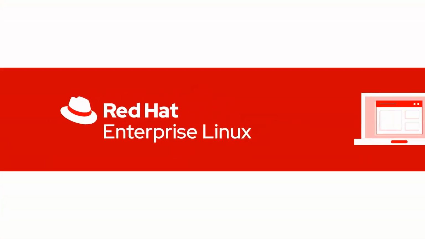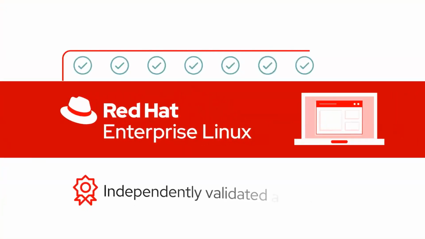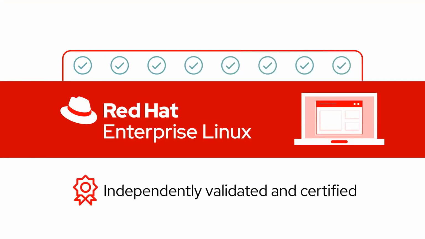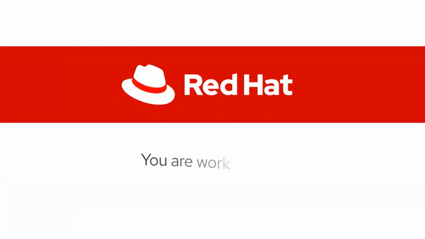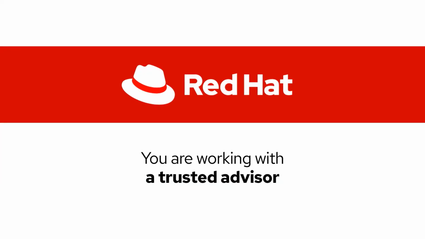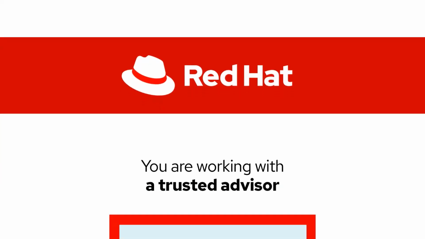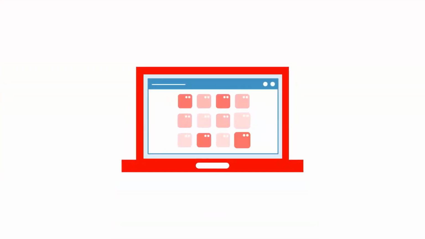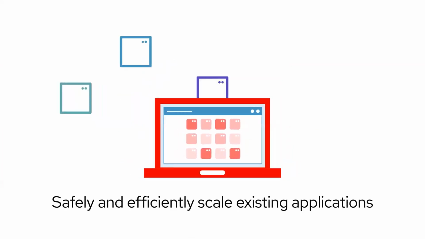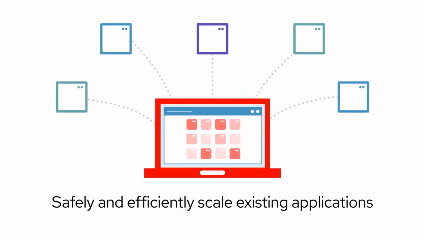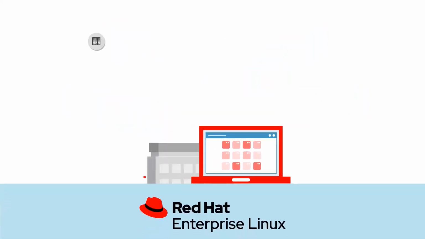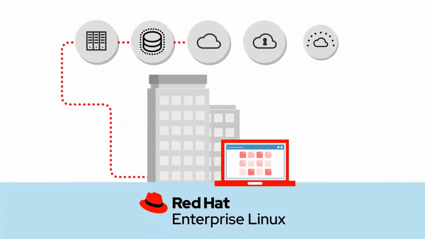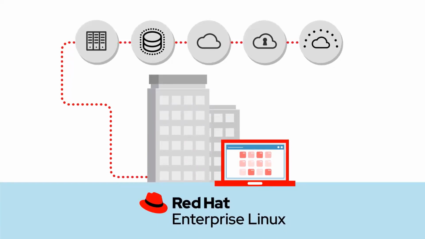Red Hat Enterprise Linux is tested by third parties, independently validated and certified, so you can be assured that with Red Hat, you are working with a trusted advisor. Secure your operating system foundation to safely and efficiently scale existing applications and consistently roll out emerging technologies across physical, virtual, container, and all types of cloud environments with Red Hat Enterprise Linux.